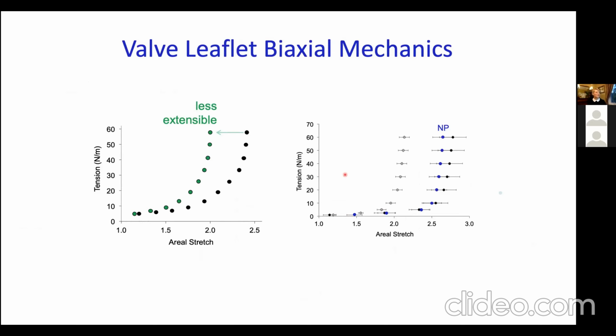So a valve leaflet from a non-pregnant animal would have a tension stretch curve that would look like this. In early pregnancy, the curve shifts to the left. This corresponds to the leaflet stiffening. And then in late pregnancy, the extensibility shifts back to its non-pregnant state. And this happens in all four heart valves.